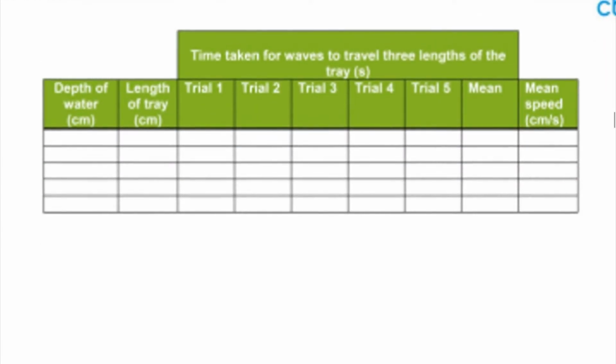And how you could take a range of different depths of water, take repeat readings and work out the mean speed. But we've already taken some readings in an example and a question for you to try later.